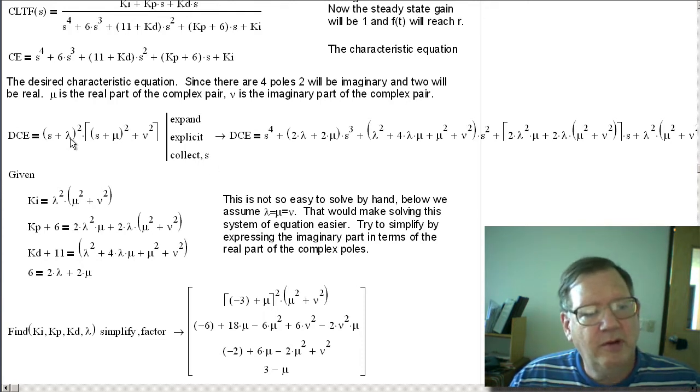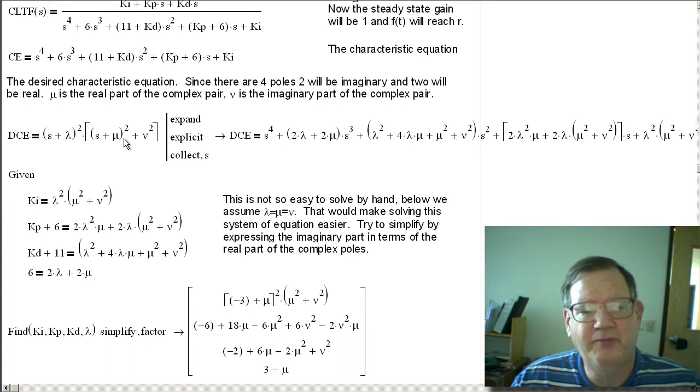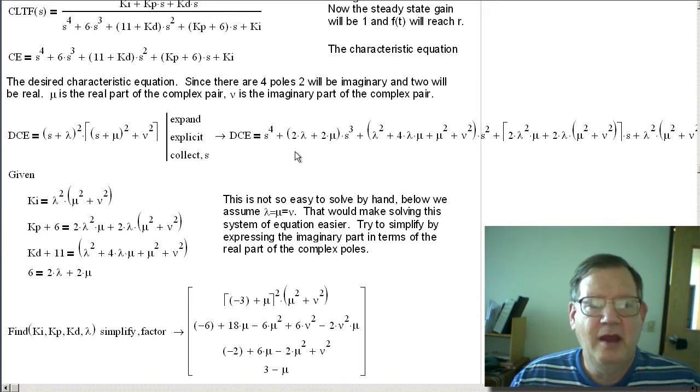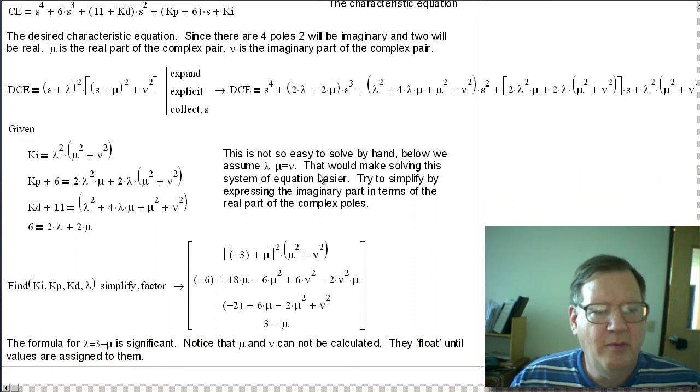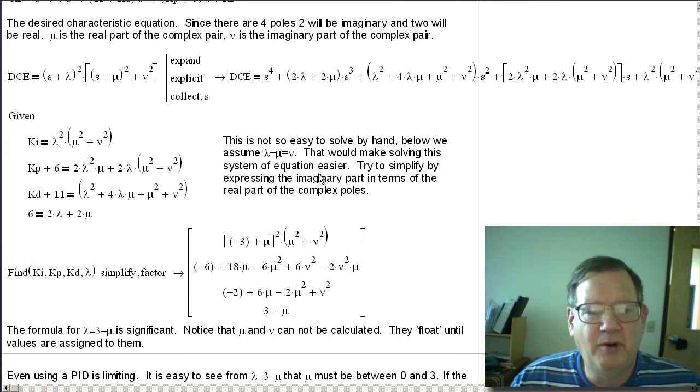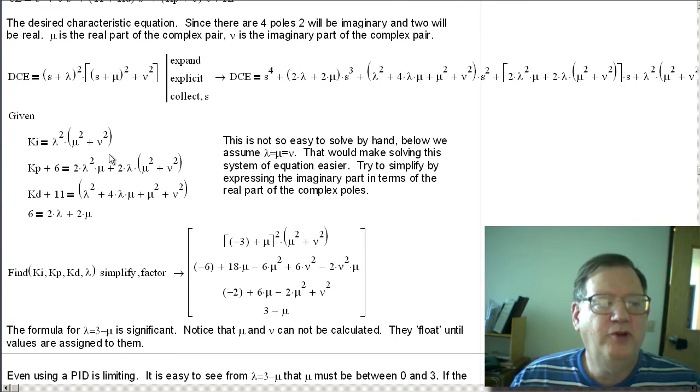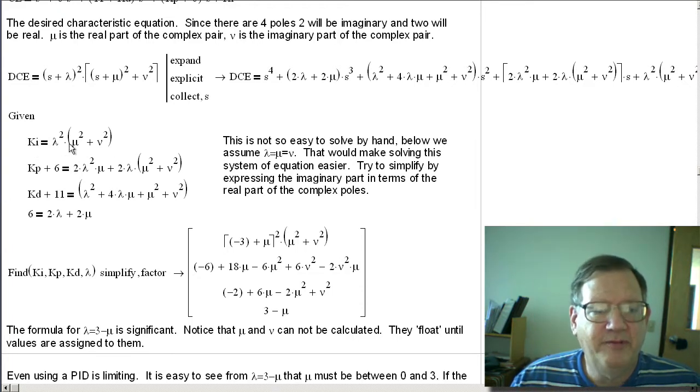So we have 4 poles, 2 real poles, and then 2 complex poles. And if I expand that out, I get an equation that stretches out across the page here. But my technique for placing these poles is going to be the same as what I did above. I'm going to equate the coefficients for each power of s.